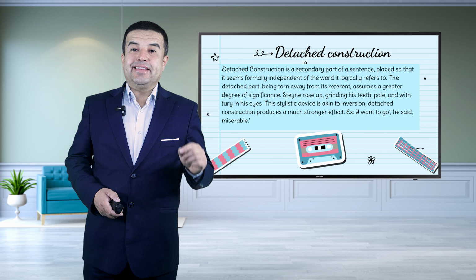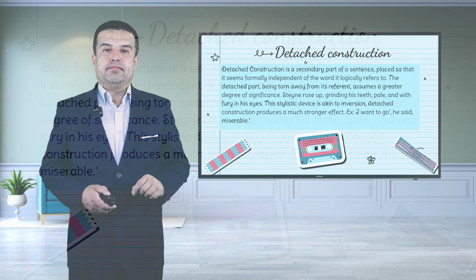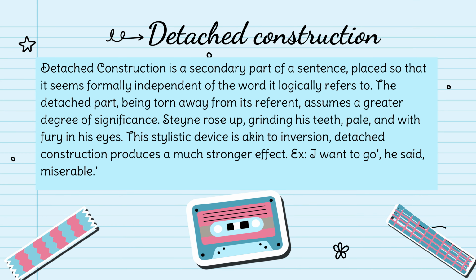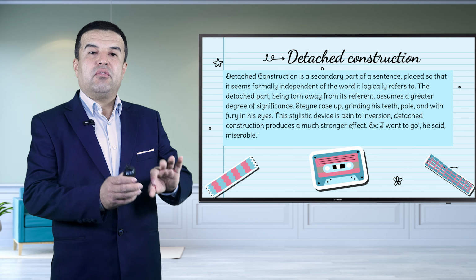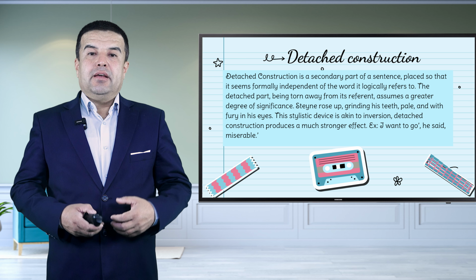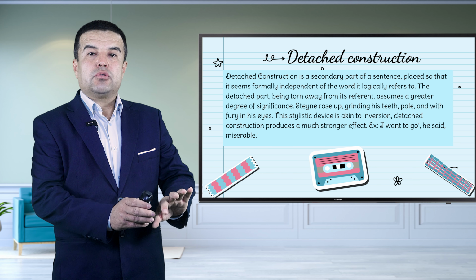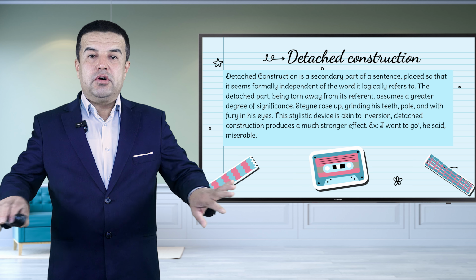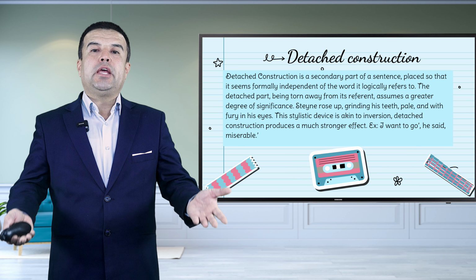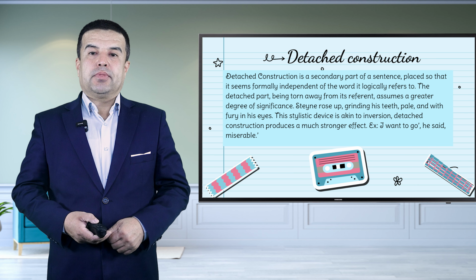Next one is detached construction. Detached construction is a secondary part of the sentence placed so that it seems formally independent of the words it logically refers to. The detached part, being torn away from its reference, assumes a greater degree of significance.